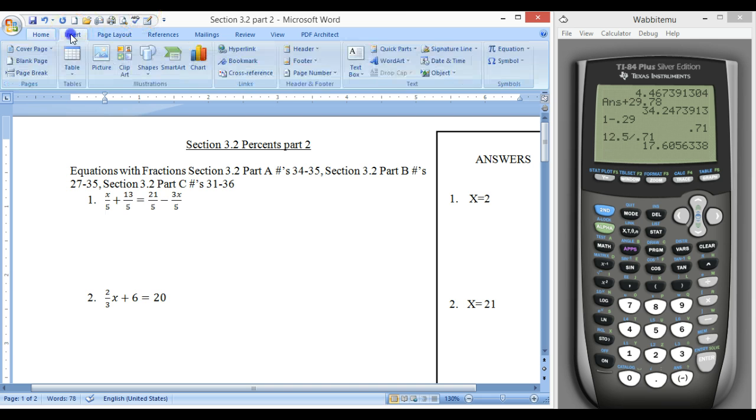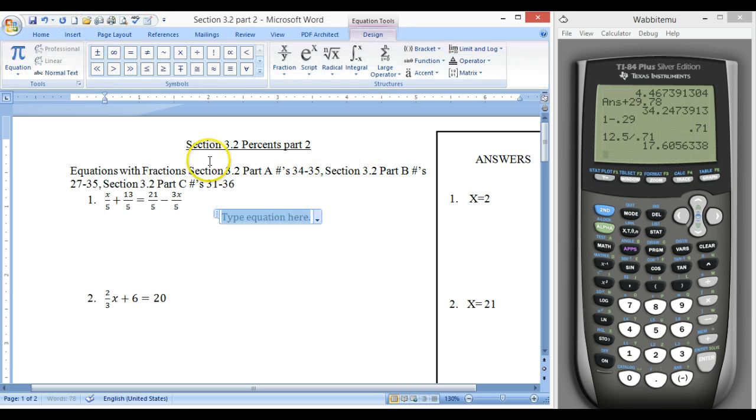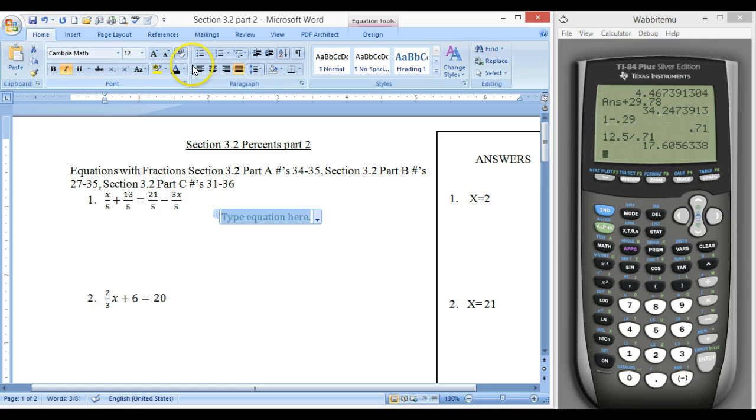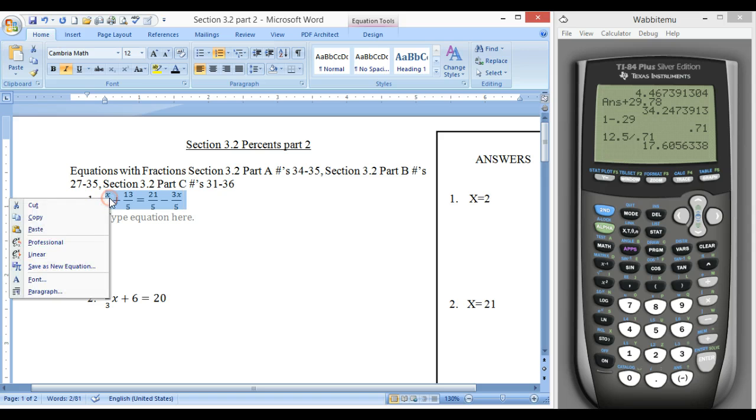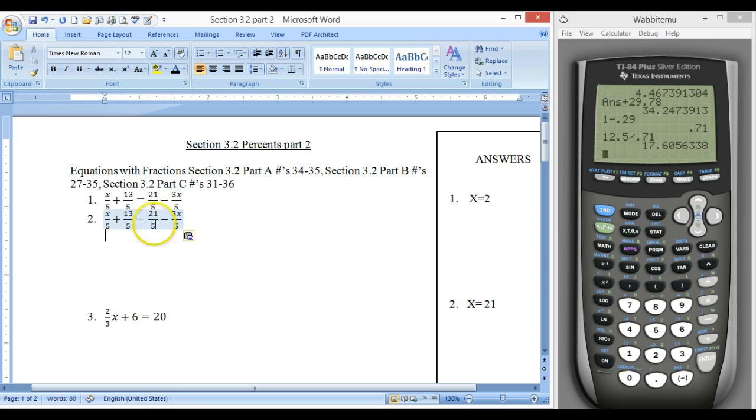So I'm going to keep things nice and readable. I'm going to insert my equation, copy this, and paste it in here.